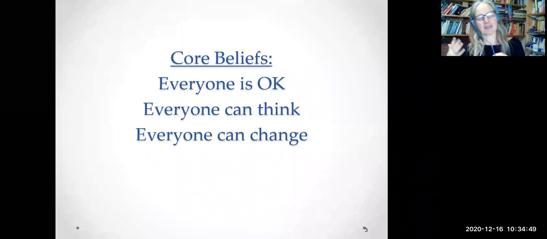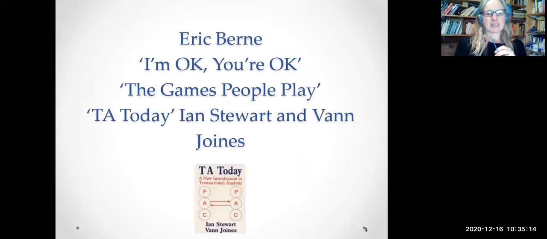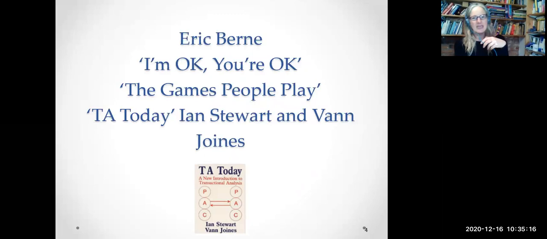Someone with severe Alzheimer's or dementia, you might argue, has a different capacity to think, or people on a mental health Section 3, where their rights are taken away. So there are caveats here. And the idea that everyone can change doesn't mean that everybody wants to change, but we're working with our capacity to change.